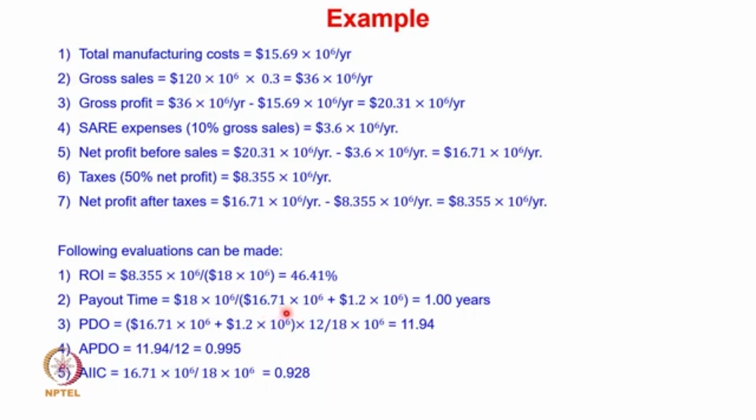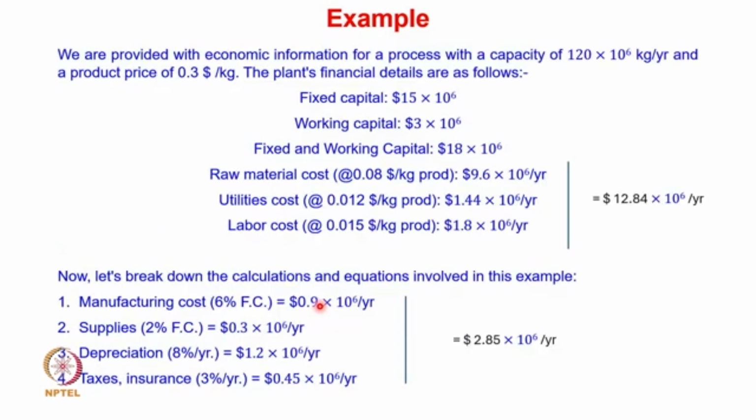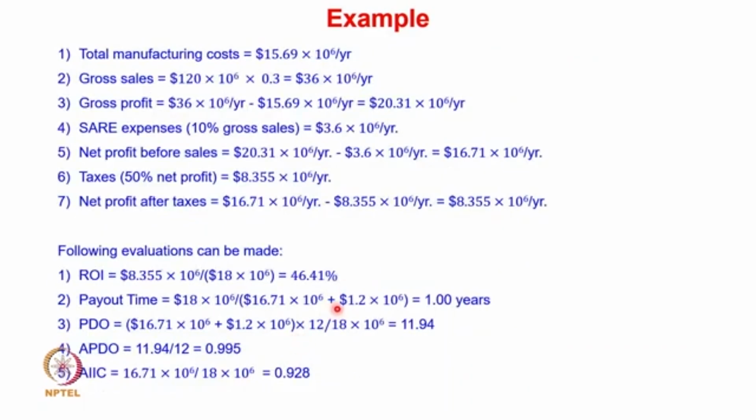Divided by, in this case, the net profit before the sales is 16.71 into 10 raised to power 6 plus depreciation. So depreciation values also we have calculated. So depreciation is 1.2 into 10 raised to power 6. If you include that here, added, with that the payout time comes around 1 year. Okay.